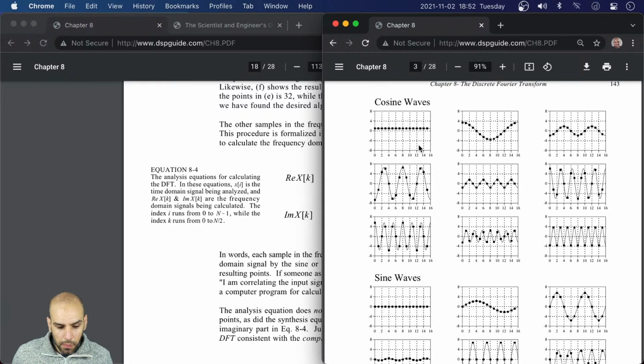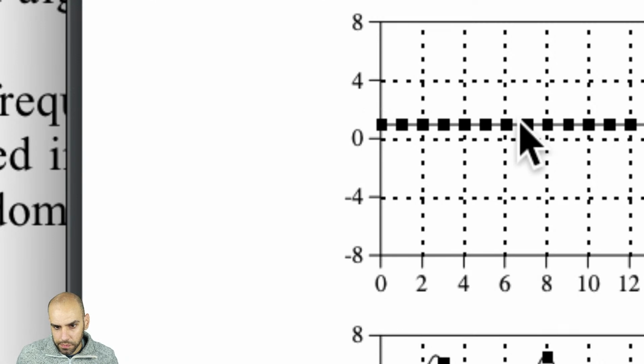So as Bo pointed out, both the cosine and the sine waves, they start as a straight line. You can think of this as sine and cosine waves of a frequency of 0. There is no cycle. They don't oscillate. And this is just the number 1 over and over.